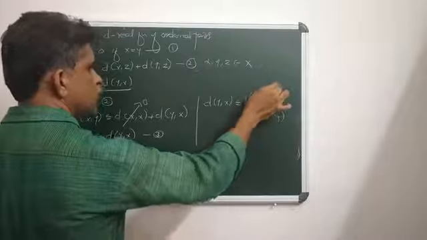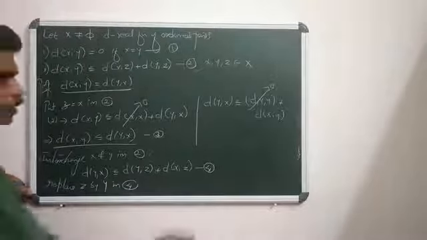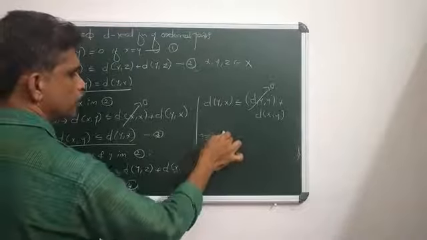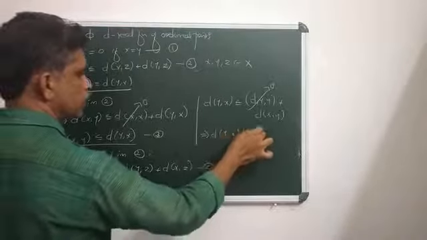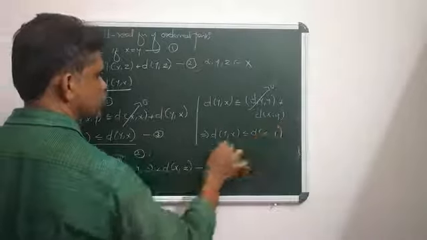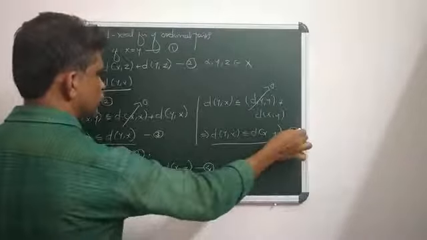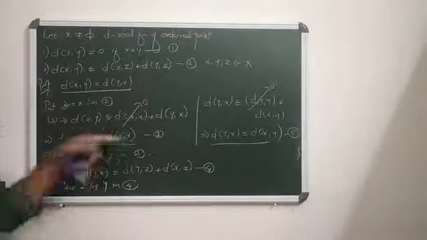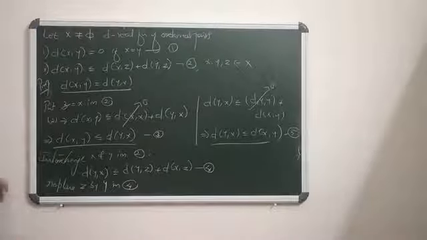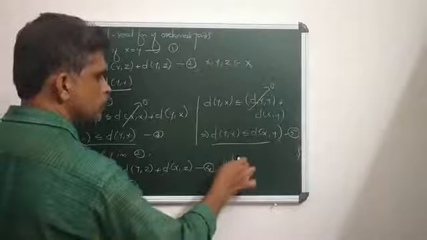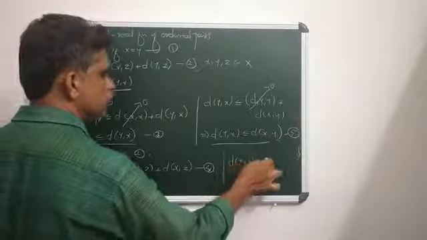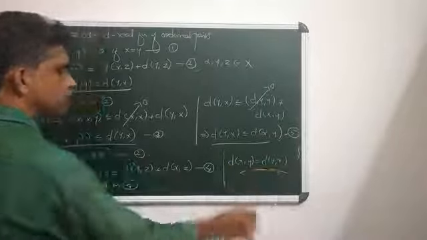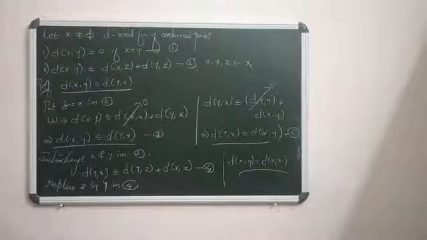What is dyy? That goes to 0. So what it means? That means dyx less than or equal to dxy. Mark it as 5. Combine 3 and 5. What is 3? dxy less than or equal to dyx. And 5 is dyx less than or equal to dxy. So if you combine, you have dxy equals dyx. Equality holds. Okay.